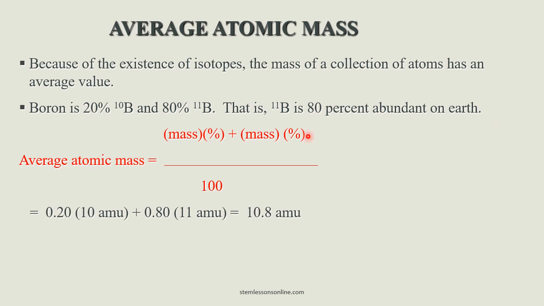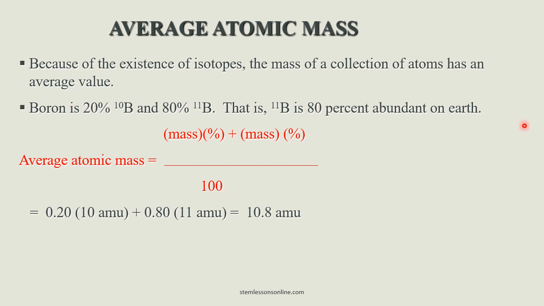So we have to use the formula. You have to memorize this one. Average atomic mass equal mass of each one of the isotopes times its abundance, which is expressed in percentage here, plus mass of the other isotope times the percentage of abundance on Earth, divided by 100.